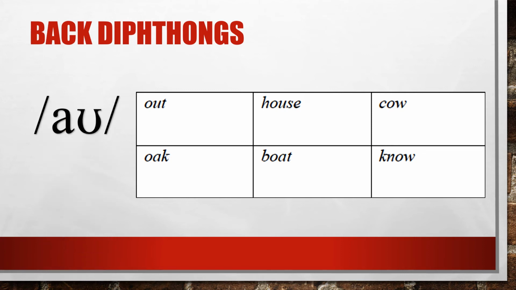So let's move on to our last two sounds for today, and these are back diphthongs, and as you can see they're called back diphthongs because the second element they have in common is the vowel o, the back vowel o, and these are the sounds ow and o.